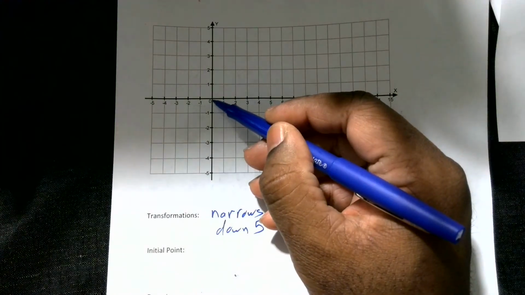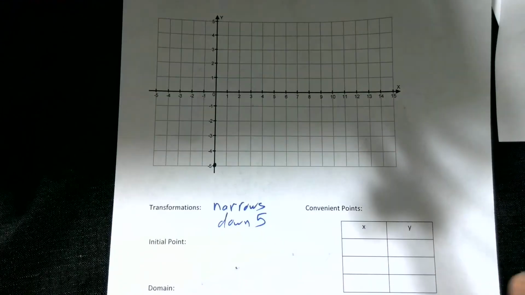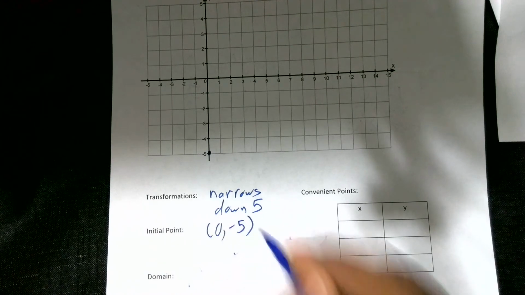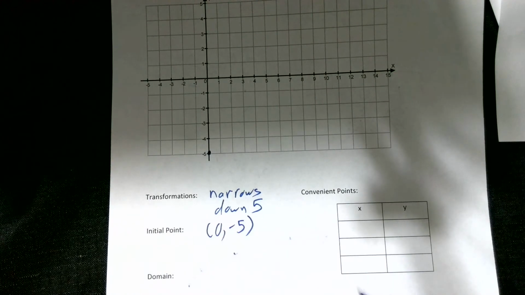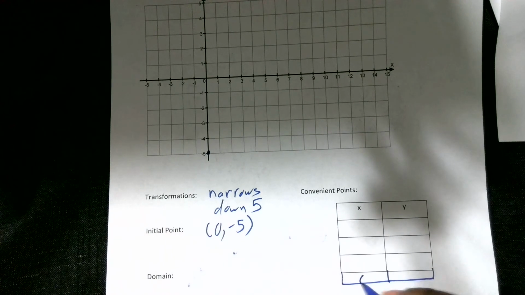So we go from (0, 0), and we go down 5. So our initial point here would be (0, -5). So we know that's going to be on our table. So we have (0, -5).